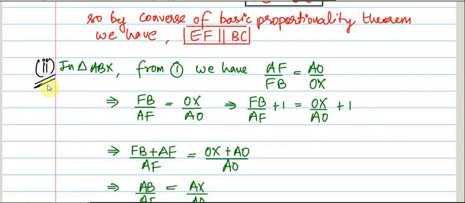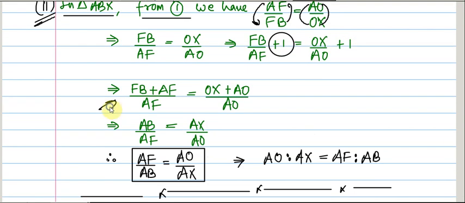So the second sub-question starts from here. In triangle ABX, we already have 1. Taking the reciprocal of this, AF is in the denominator, like this, and adding 1 on both sides, we get this. This is the LCM: FB upon FB plus AF upon AF is equal to OX plus AO upon AO.